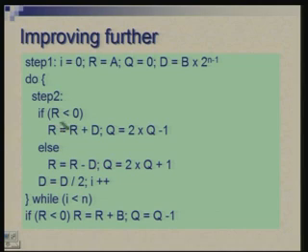So, essentially the attempt is to look at the signs of r and d, and accordingly either subtract or add. So, instead of checking whether r is positive or negative, we will see if the signs of r and d are the same or different. If they are different, then we add, because if opposite sign values are being added, then the result will be smaller, and if they are of the same sign, then we subtract. So, that is the change in the logic.